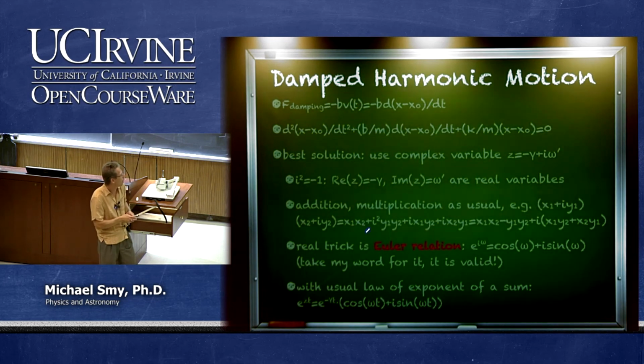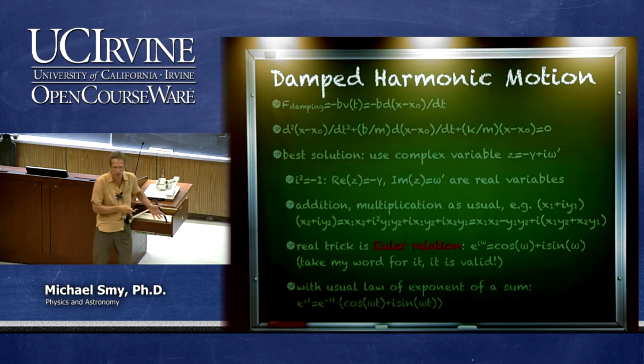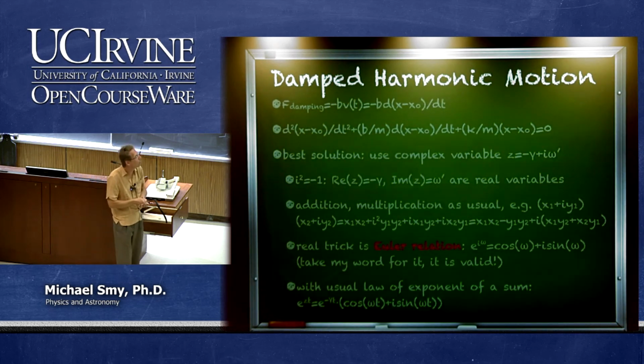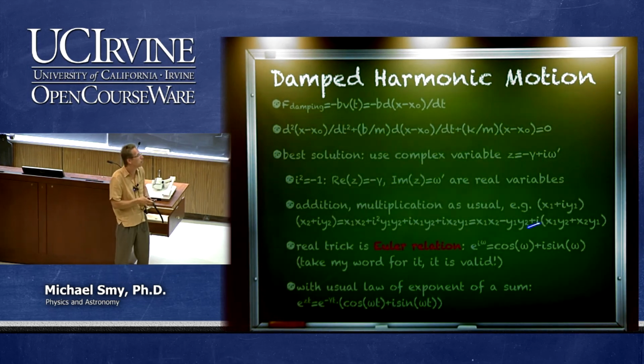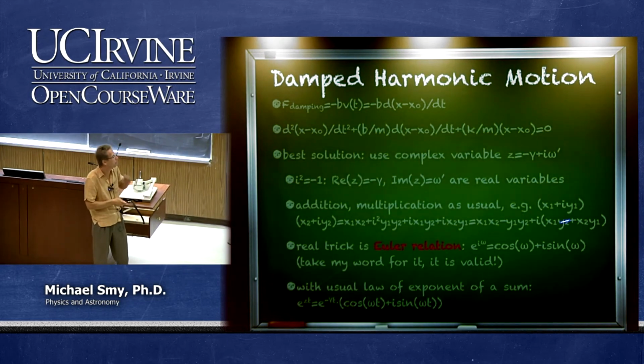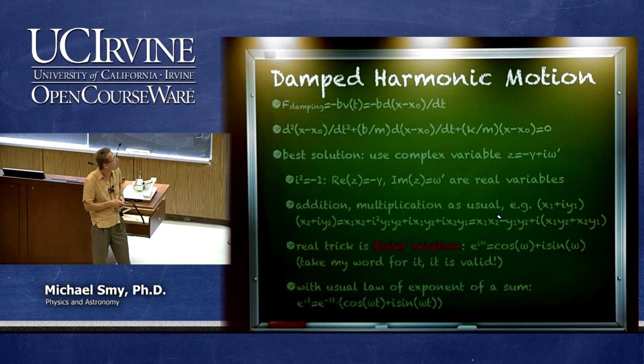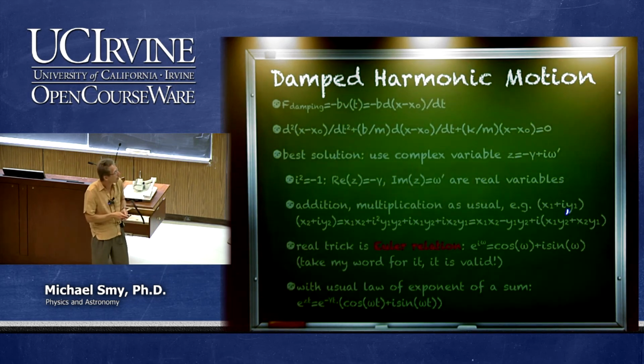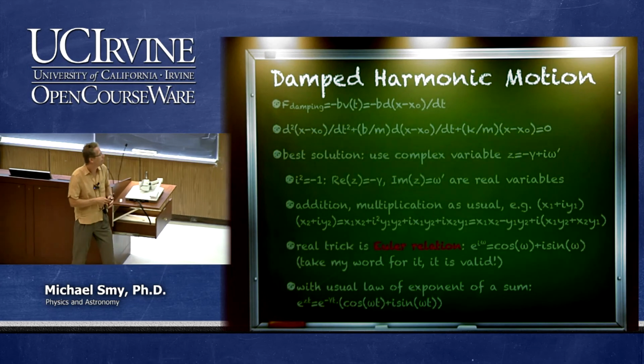And since I know that i squared equals -1 by assumption, I get this expression here. So that, for example, is exactly how the multiplication of two complex variables works. And of course, the addition is even simpler than the multiplication, because we can simply drop the parentheses, since it's just a plus sign that relates the complex.